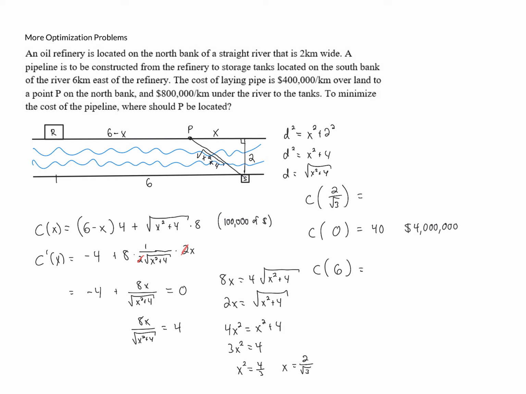Let's see. If our value of x is 6, that means actually that's going to be the fully diagonal version, because that means that P is all the way over at the refinery. If we plug that into the cost function, 6 minus 6 is 0. So this first term goes away. And then here, 6 squared is 36 plus 4 is root 40 times 8.